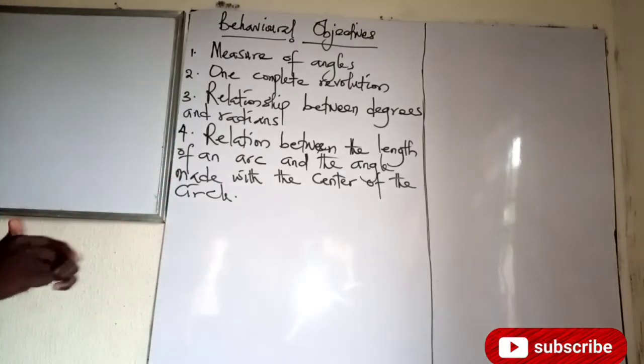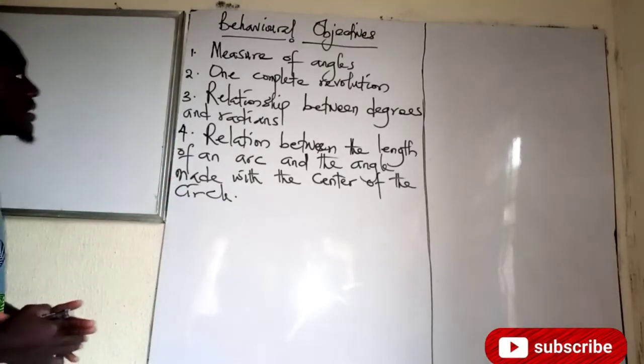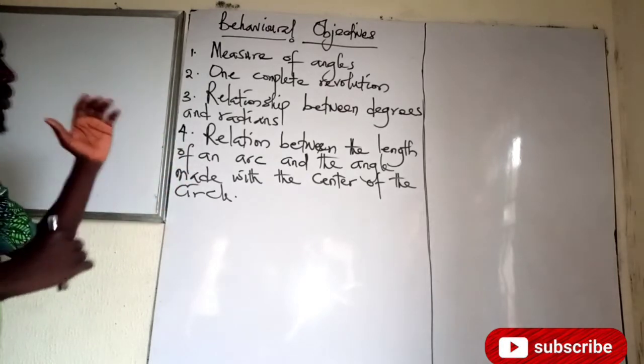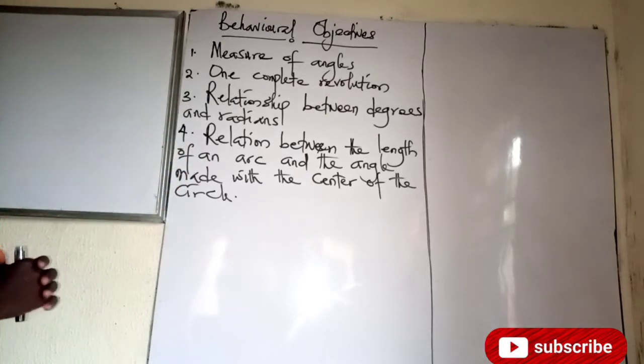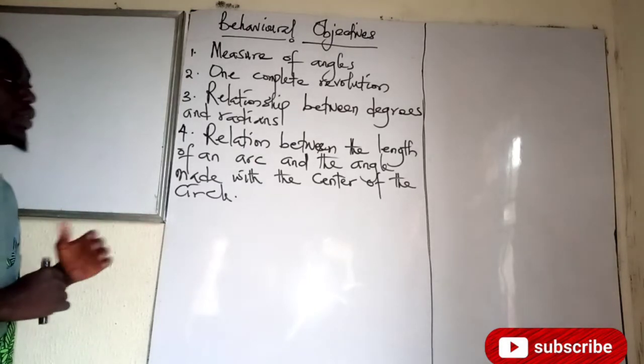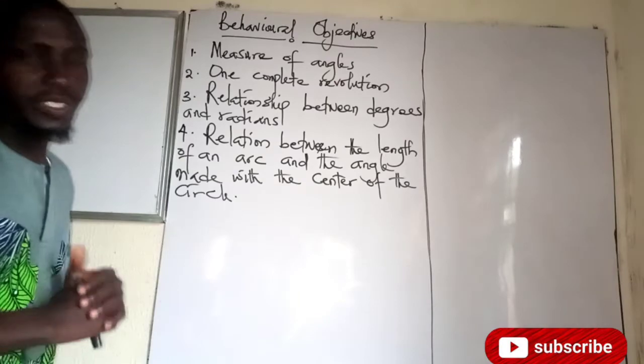These are what we are going to be looking into in this class. Measure of angles, one complete revolution, relationship between degrees and radians, relationship between the length of an arc and the angle made with the center of the circle.